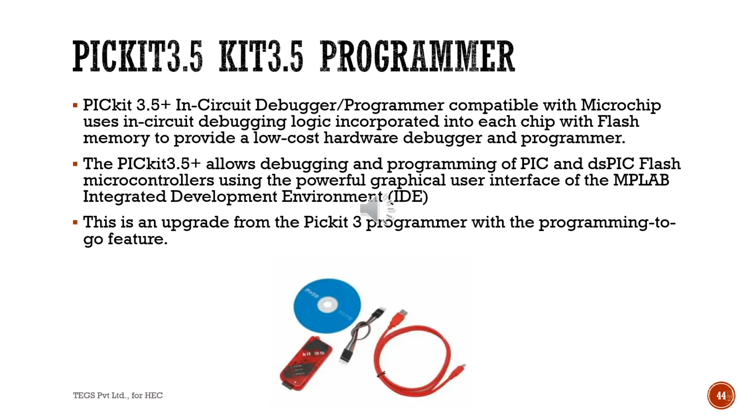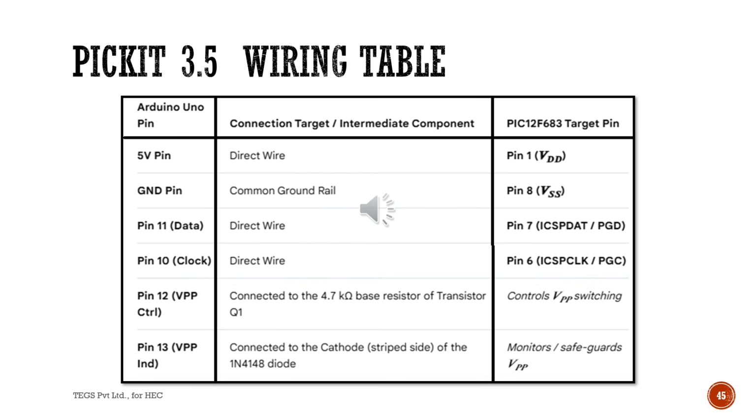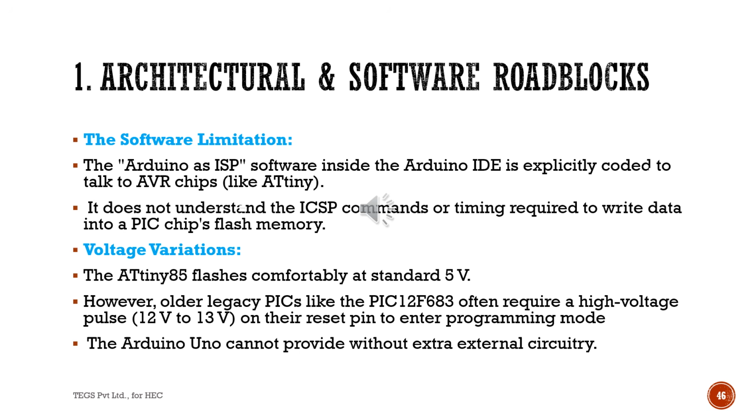The PICkit 3.5 allows debugging and programming of PIC and dsPIC flash microcontrollers using the powerful graphic user interface of the MPLAB integrated development environment. This is an upgrade from the PICkit 3 programmer with a programming to go feature. The PICkit 3.5 wiring table is given in this page.